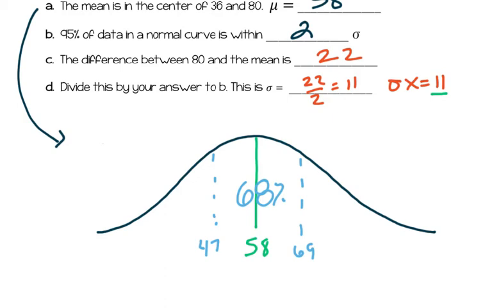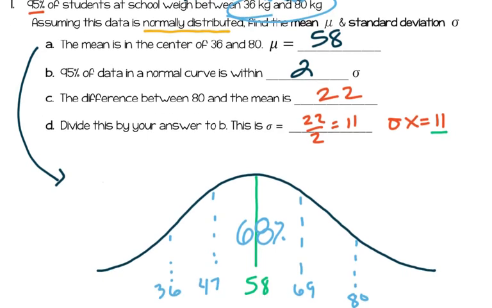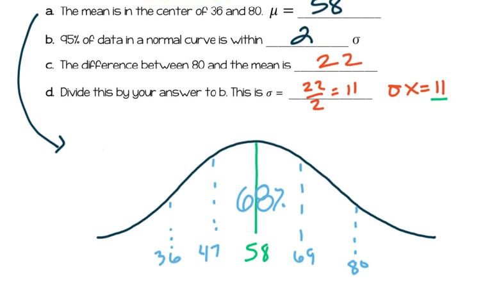If I go an additional standard deviation out there, I'm going to have between 36 and 80, and that's going to be 95%. And if you look, that's what we were told in the beginning. So this works, and I know I've got the right answers because my standard deviations work. The standard deviation is telling me how spread out it is. So if the standard deviation was like 6, then that means that these numbers would be smaller.